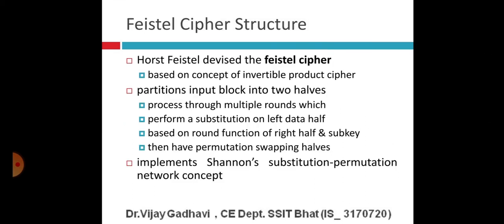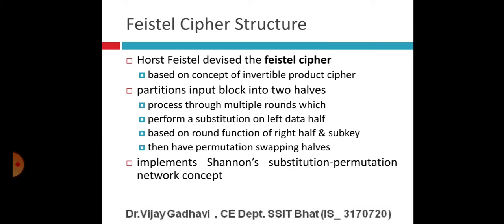Now, the Feistel cipher structure. Horst Feistel devised the Feistel cipher, which is based on the concept of an invertible product cipher. Partition the input block into two halves, process through multiple rounds, and perform substitution on the left data half based on a round function of the right half and the subkey.